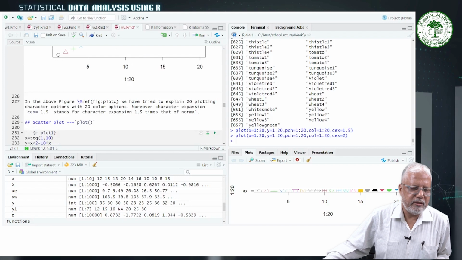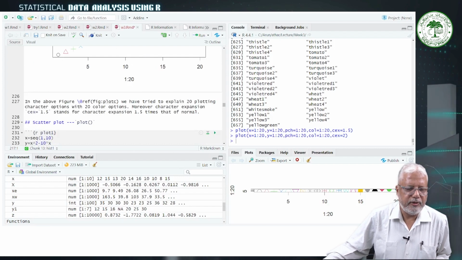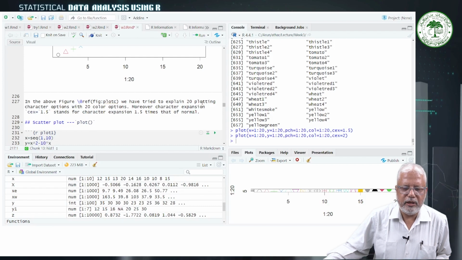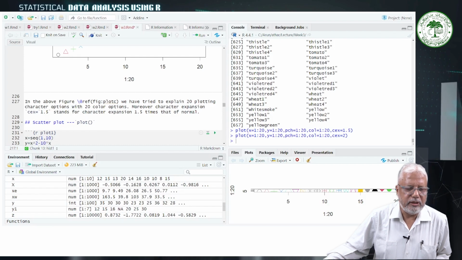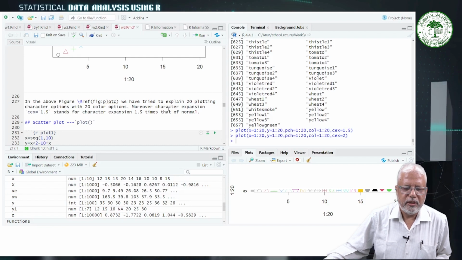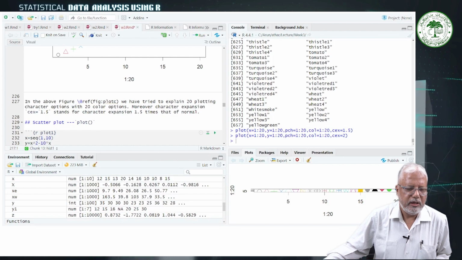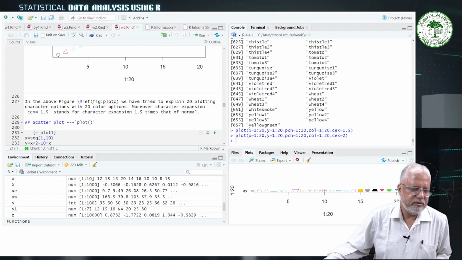In the above figure, we have tried to explain 20 plotting character options with 20 color options. Moreover, cex equal to 1.5 stands for a character expansion 1.5 times that of normal.